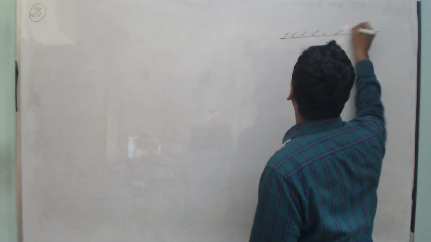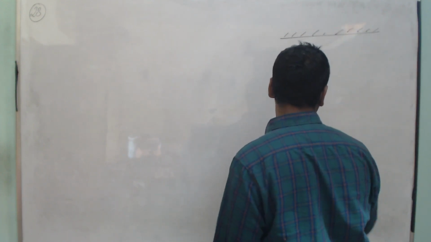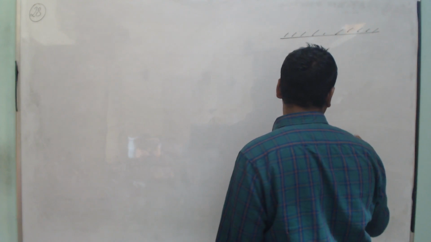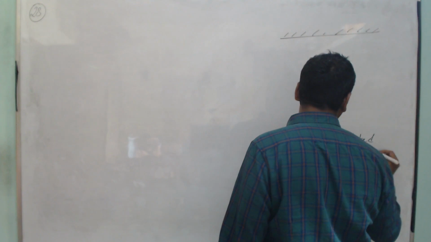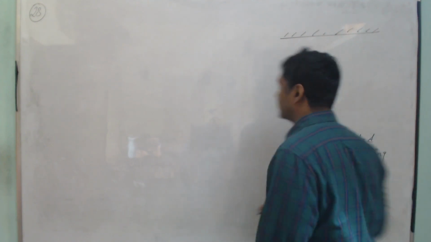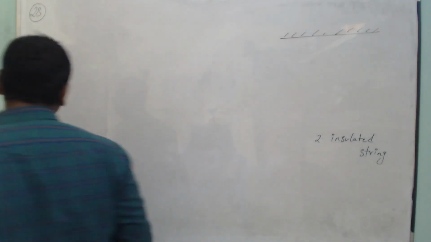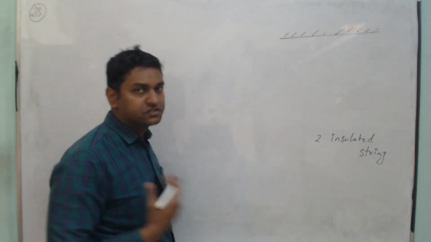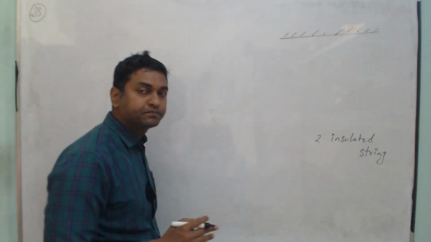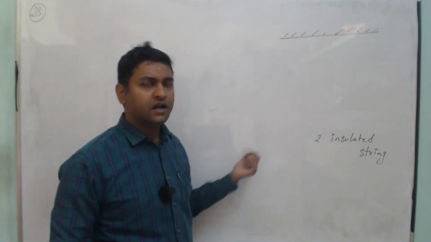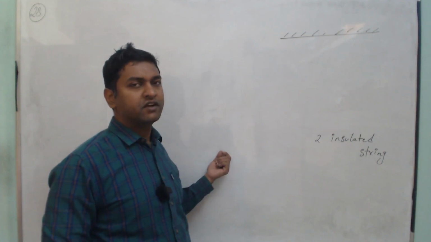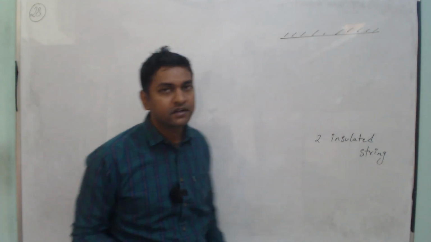Now, a similar type of question. There are two insulated rings. By saying insulated, we are basically trying to understand that there is no conduction through it. Charges will not flow through it. Because if I take a conducting wire, then when I say charge Q is placed at one end, the charge will tend to run away, right?